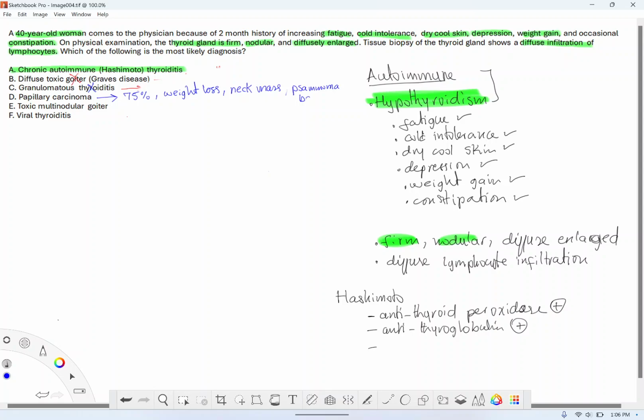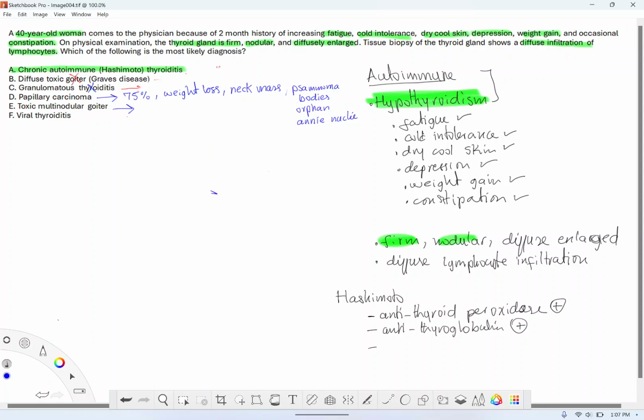That's what I should be looking for if I expect this to be papillary carcinoma. But again, there's nothing here. Papillary carcinoma is unlikely to affect thyroid hormone production that much unless the whole thyroid gland is destroyed. The thyroid gland will not be enlarged diffusely; it will be just one area where you feel the mass.